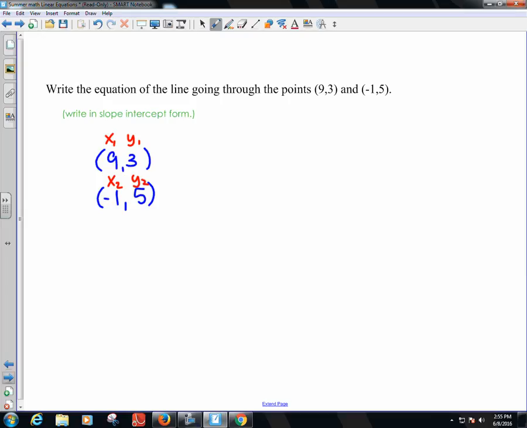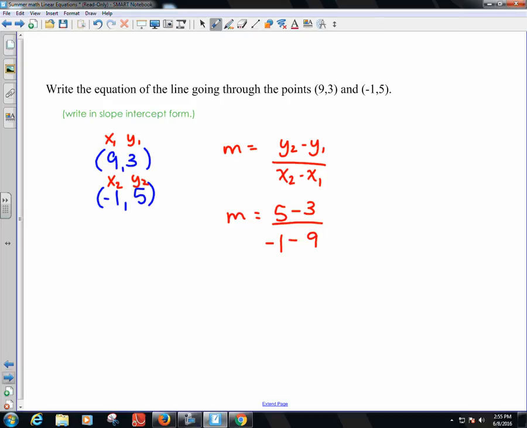Okay, so we remember that the equation of slope is y2 minus y1 over x2 minus x1. So the slope that connects these 2 points is going to be, well, y2 is 5, minus y1 is 3, x2 is -1, and x1 is 9.